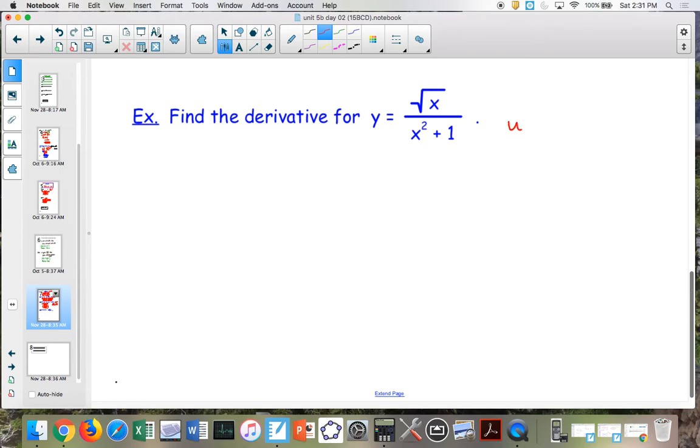So here, u is equal to the square root of x, and the derivative of that is 1 over 2 root x. And the v is equal to x squared plus 1, and the derivative of that is 2x. So the derivative of this is going to be u prime v minus u v prime over v squared.